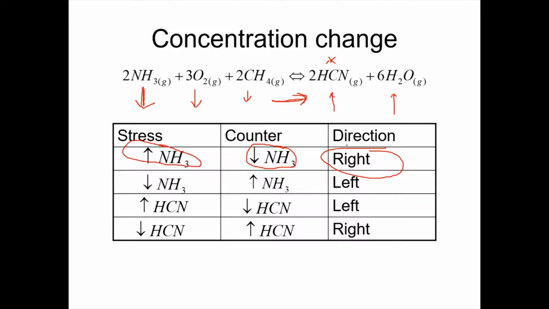Once the reaction is going to the right, we can see that HCN is on the opposite side. So if it's going to the right, it's going toward HCN, so we get an increase in HCN. If the question asks you in what direction it goes, you just say it goes to the right. If the question asks you how it affects the concentration of HCN, you say it increases.